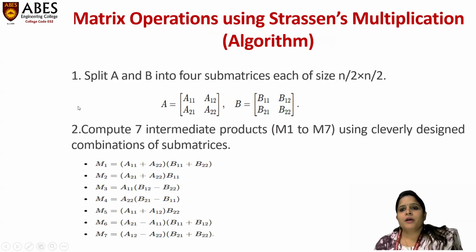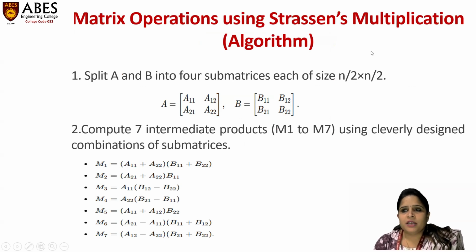This is basically the Strassen's multiplication approach for matrix operations. So Strassen first splits the problem into n by 2 by n by 2 size. Strassen basically uses an extended form of the divide and conquer approach. Step number 1 is divide the problem. First step, Strassen divides the n by n size problem into n by 2 by n by 2 matrices.